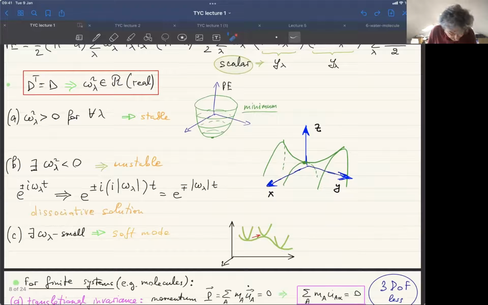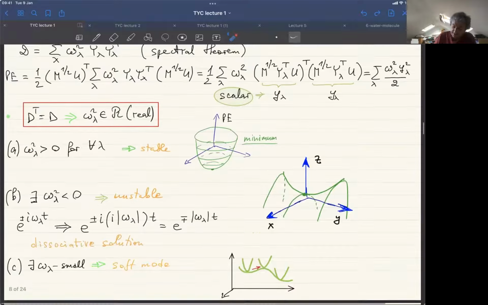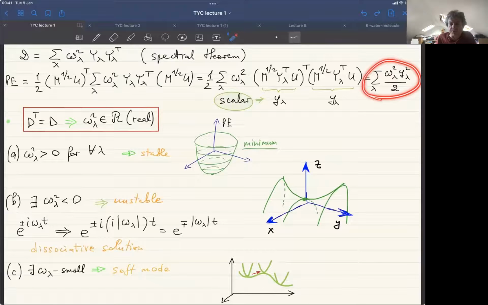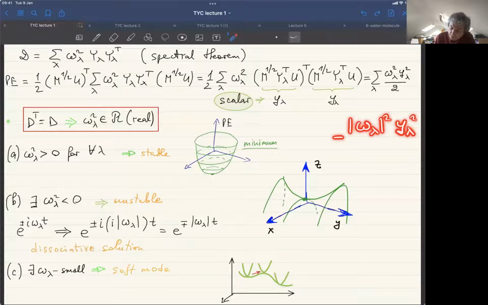If, however, at least one eigenvalue is negative, what does that mean? That means that we have a bunch of positive terms, but we also have a term with that frequency modulus squared, but with a minus sign, which means that if I displace atoms in that particular way, corresponding to this lambda, this normal mode, the energy actually goes not up but down.